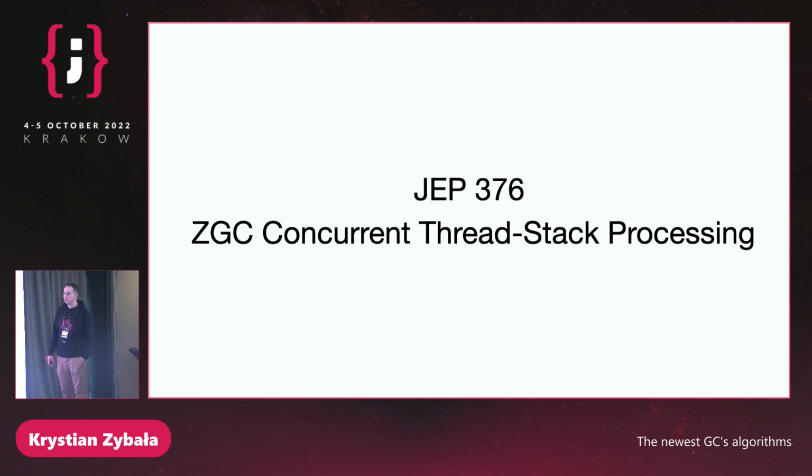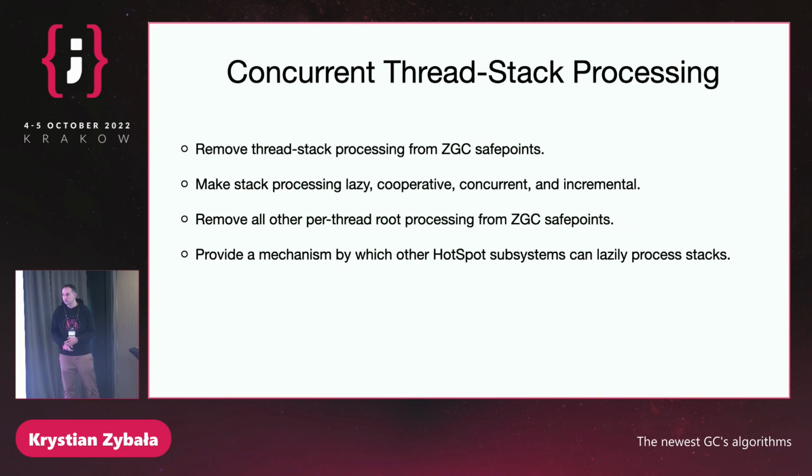Of course, a few months ago a JEP appeared, ZGC concurrent thread stack processing. This JEP describes how to improve some of the heap processing in non-safepoints and so on. Basically, these are the goals of this JEP.